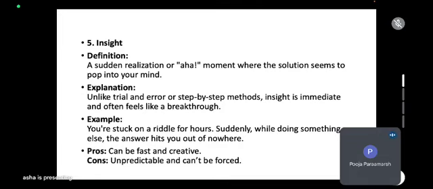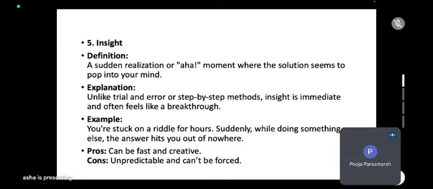Okay, for example, you are stuck on a riddle for hours, and suddenly while doing something else, the answer comes. I'll give you my example. I had kept the car key somewhere and I forgot about it. When I'm working in the kitchen, I'm just thinking about that particular image.